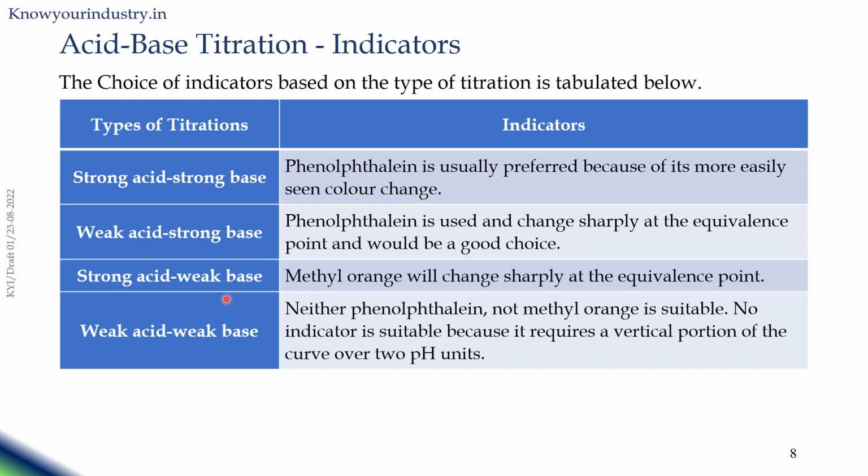Then for a strong acid, weak base, methyl orange can be used. And for a weak acid, weak base, we cannot use phenolphthalein or methyl orange. Here no indicator is suitable because it requires a vertical portion of the curve over 2 pH units.